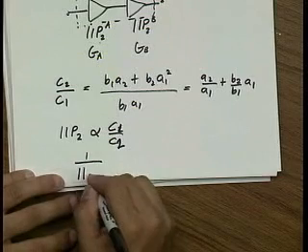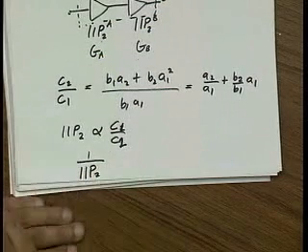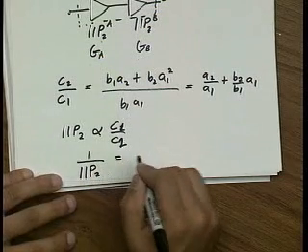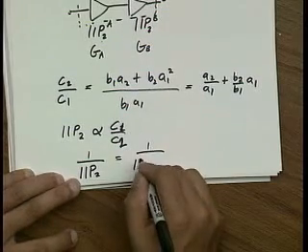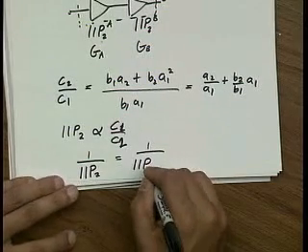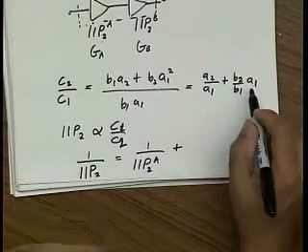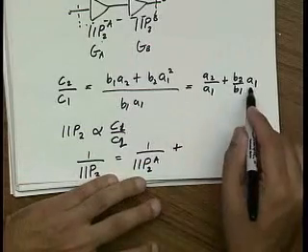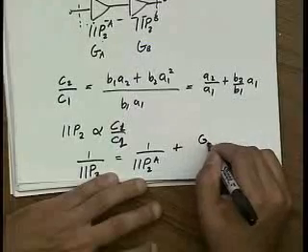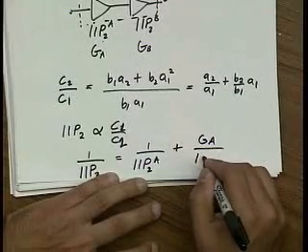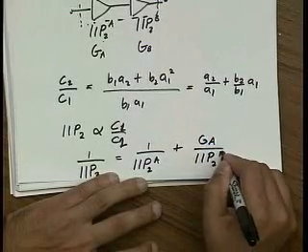It's telling me that 1 over the input IP2 of the overall amplifier is 1 over the input IP2 of amplifier A plus A1, well, A1 is just the gain of amplifier A, divided by the input IP2 of amplifier B.